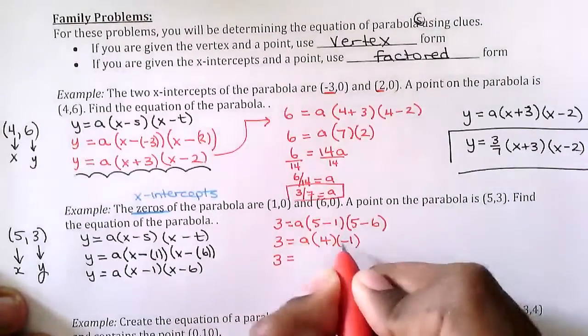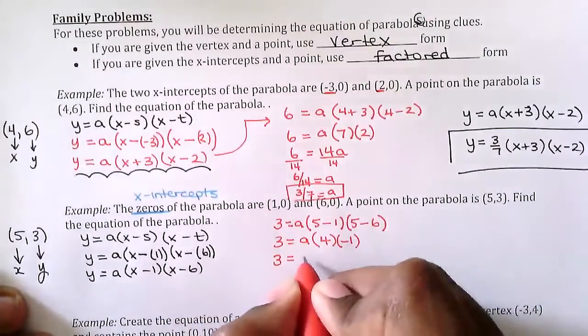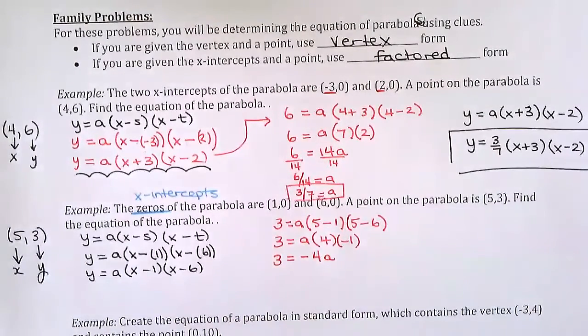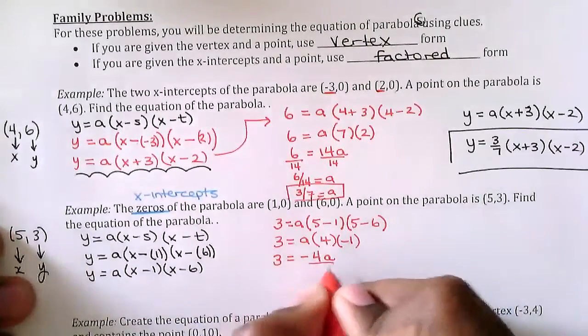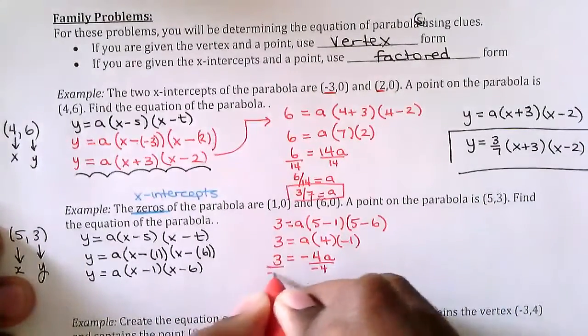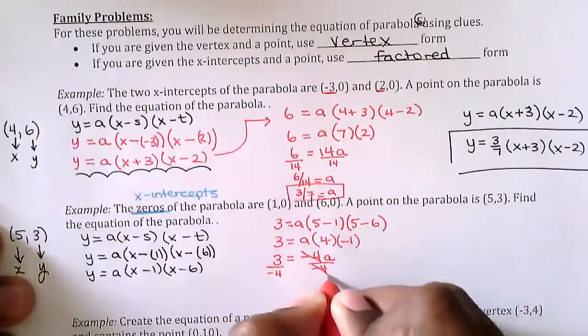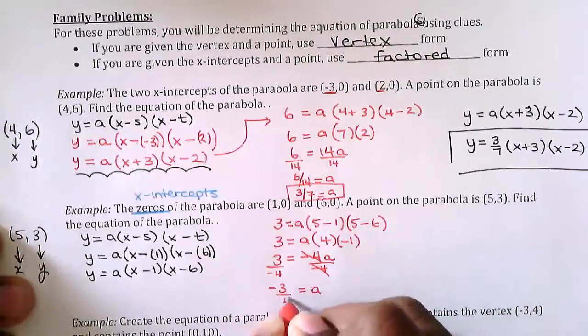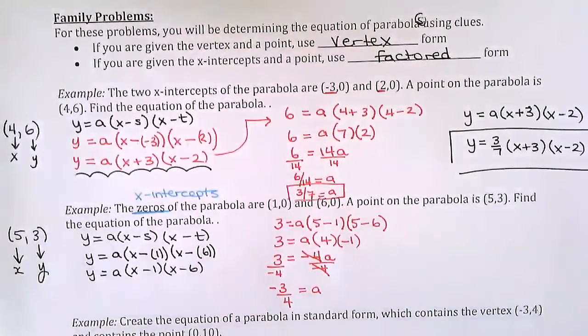So this side doesn't change. 4 times -1 is -4. So on this side, I have -4a. And now to isolate for the a, I need to divide both sides by -4. So what I'm left with is a is equal to -3 over 4.